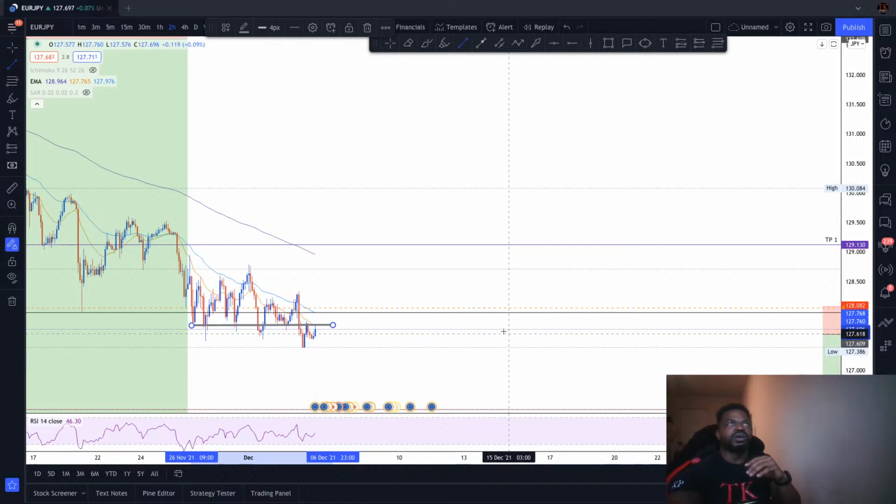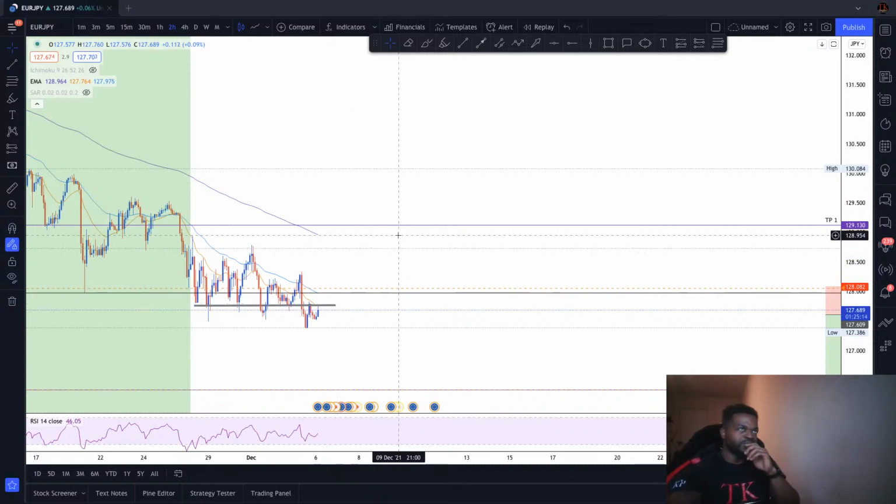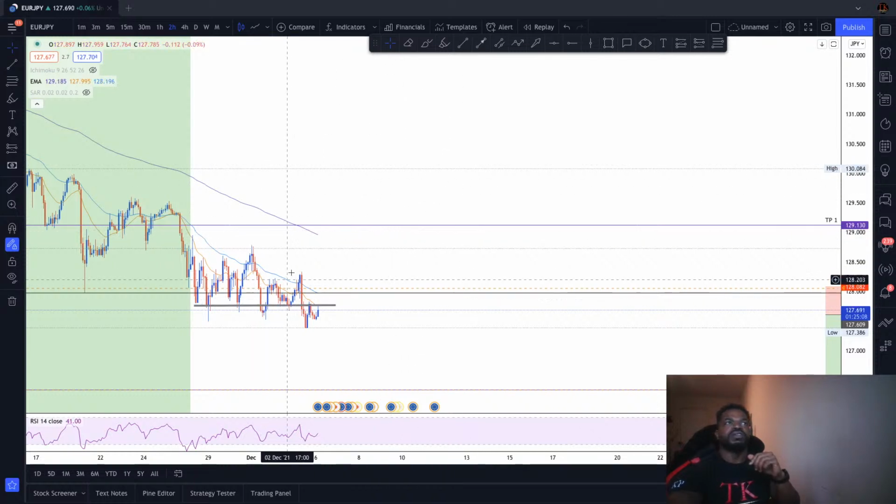If not, if price breaks above and gives us a close above this structural level, it's a chance we could retest the highs, or at least 50% of this move here.